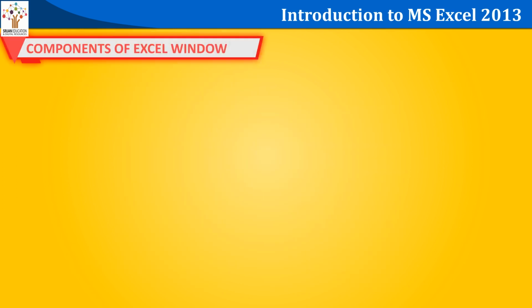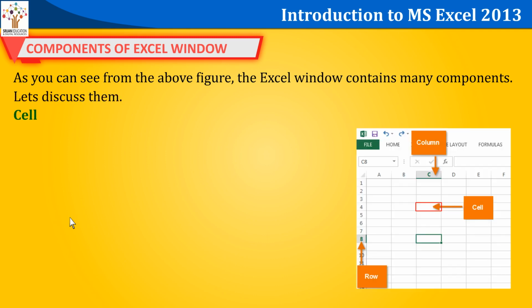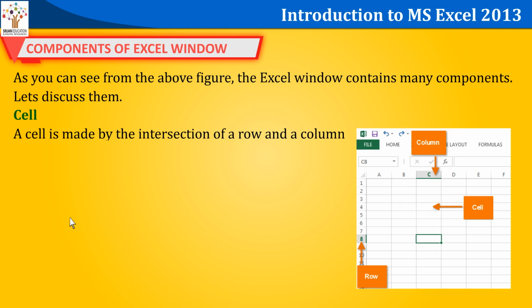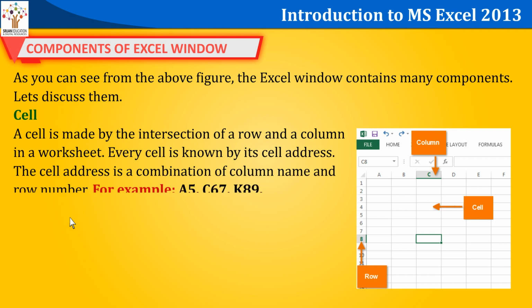Components of Excel window. As you can see from the above figure, the Excel window contains many components. Let's discuss them. Cell. A cell is made by the intersection of a row and a column in a worksheet. Every cell is known by its cell address. The cell address is a combination of column name and row number.